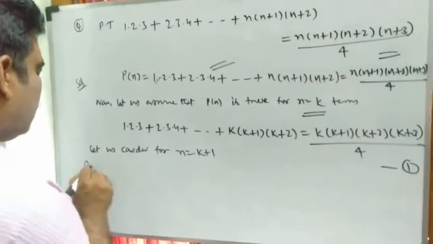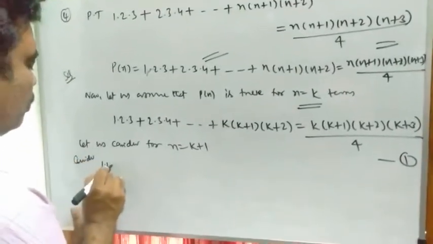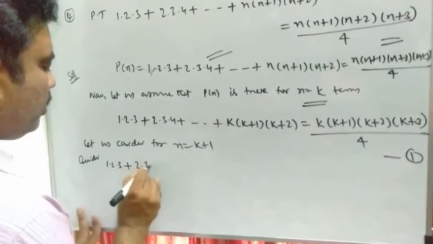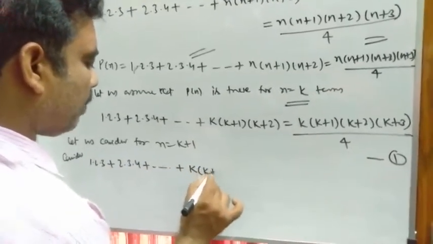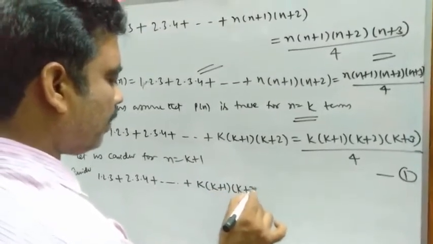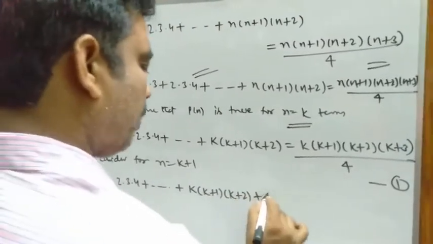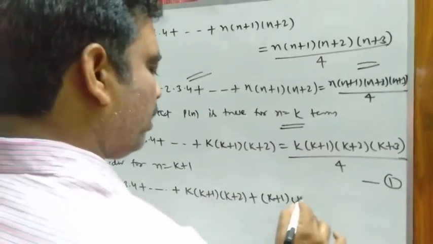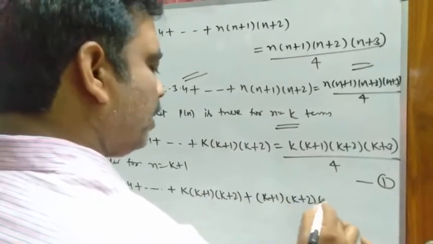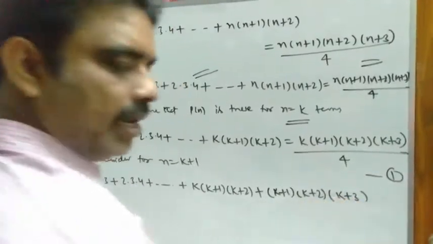Now consider 1 into 2 into 3 plus 2 into 3 into 4 plus so on, k into k plus 1 into k plus 2, plus the k plus 1th term: k will become k plus 1, k plus 1 will become k plus 2, k plus 2 will become k plus 3. Am I right?